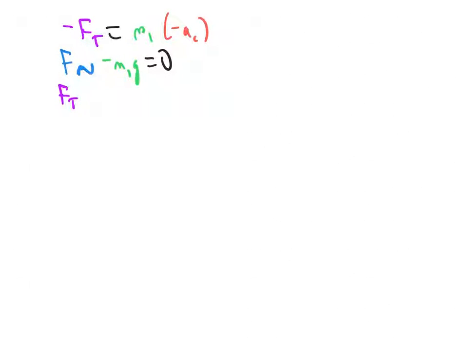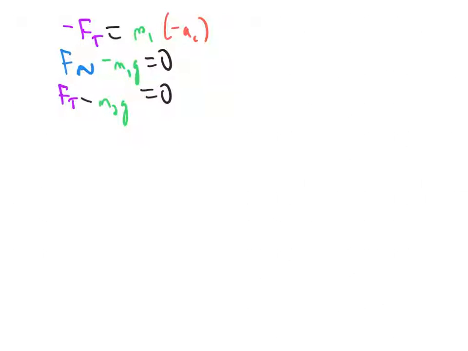So our equations become minus Ft is m1 times minus AC, and then also Fn minus m1g is 0, and then Ft minus m2g is also 0.